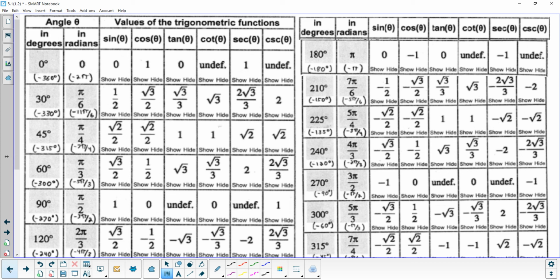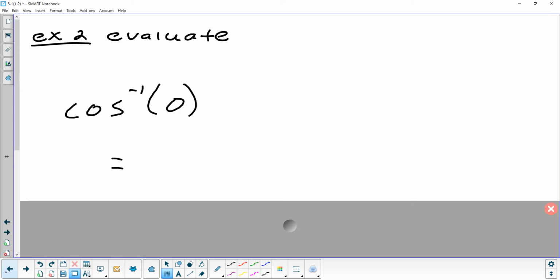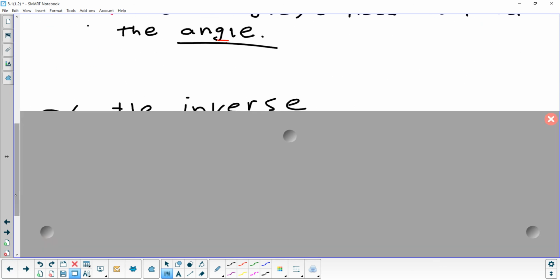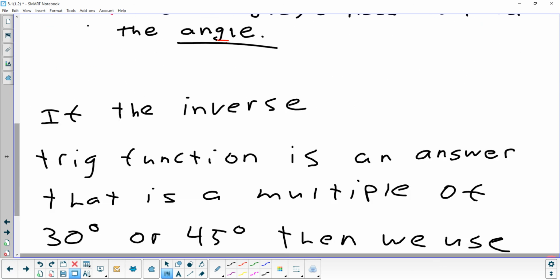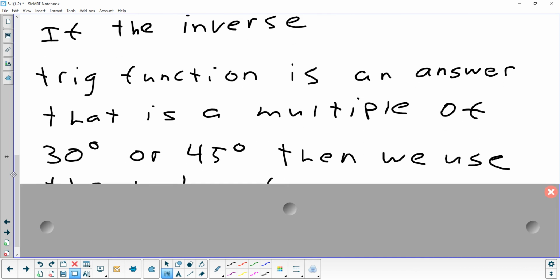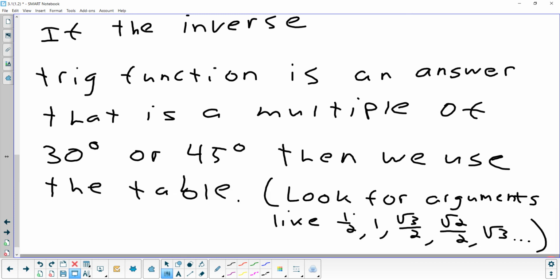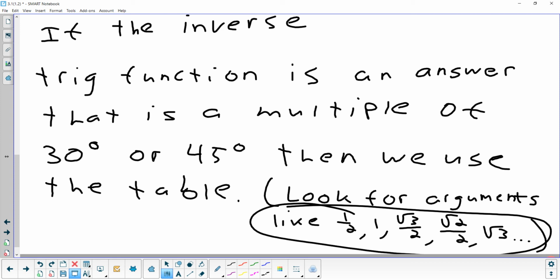Those are the kinds of numbers that you'll find in this chart. All the kinds of numbers that we worked with last week. Square roots of 3 and square roots of 2 come up a lot. That's how you can tell whether or not your answer is going to be in the chart. So, if the angle is going to be a multiple of 30 or 45, you're going to look for numbers like this in your chart.